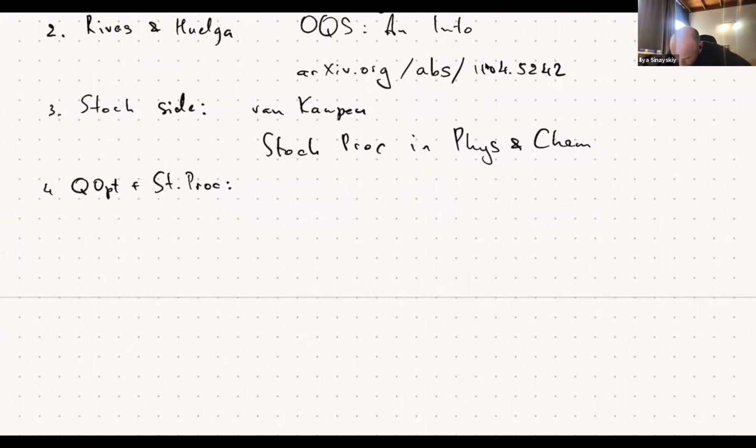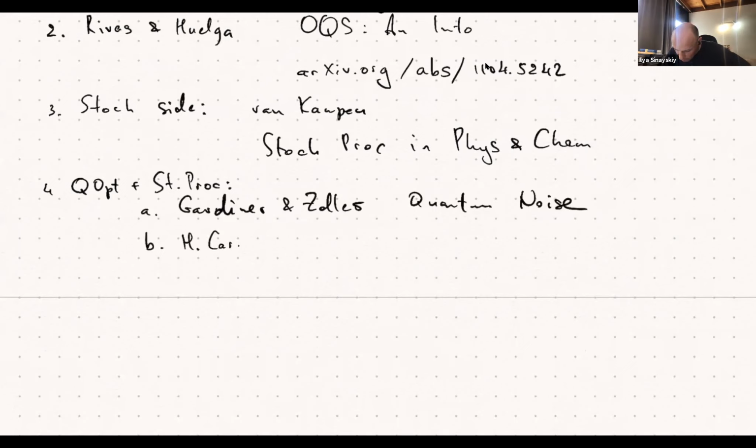The first book is by Gardiner and Zoller, and it's called Quantum Noise. The next book is by Howard Carmichael, and it's called Statistical Methods in Quantum Optics.